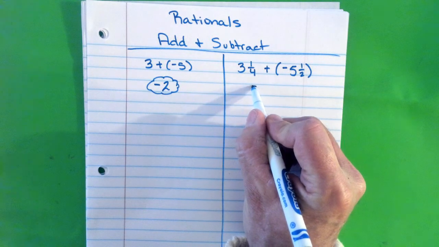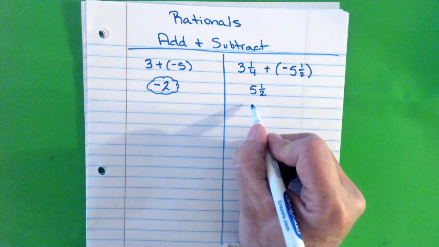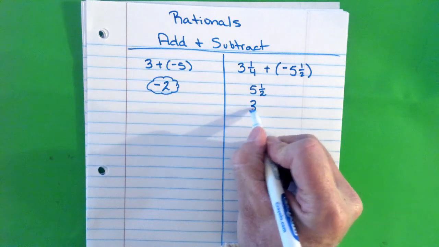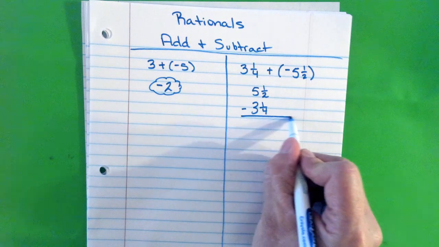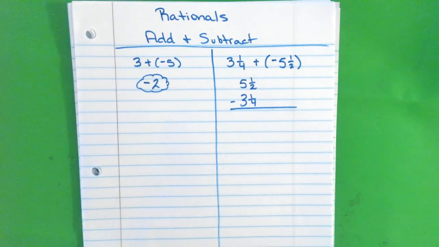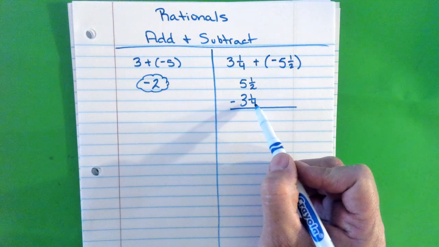So I'm going to put 5 1/2. I like setting up fractions vertically when I'm adding and subtracting. And 3 1/4. I'm going to subtract those two. Now with fractions, adding and subtracting is easy, you'll see, but first you've got to find your LCD, least common denominator. This denominator is 2, this one's 4.